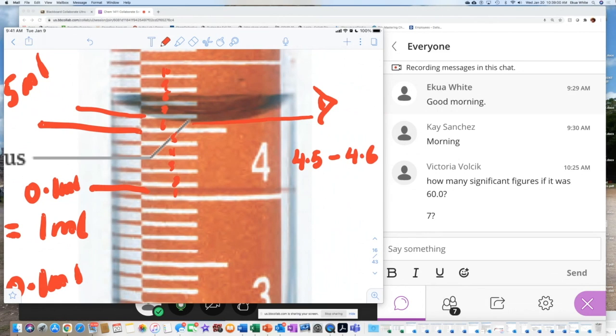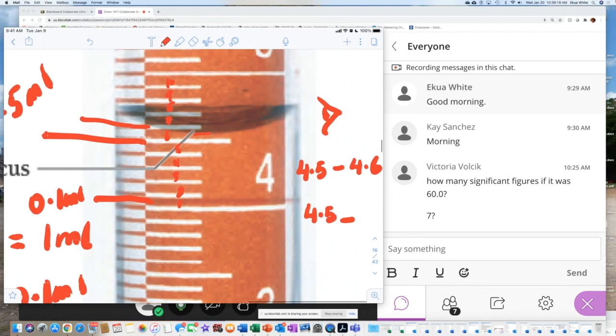So your true value is 4.5, and then you're going to add an extra value here. The question is to try to guess or estimate what you think this value is right here. Remember, you're counting from the bottom up, right? What do you think this number should be? This number is a fraction of this space between here and here.